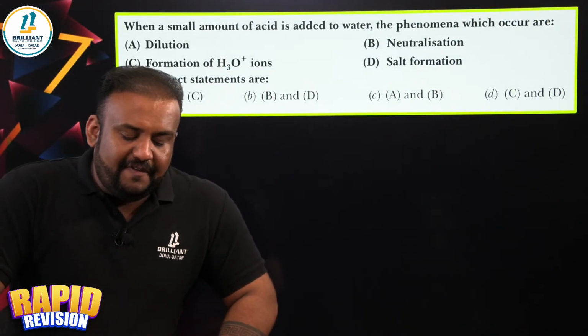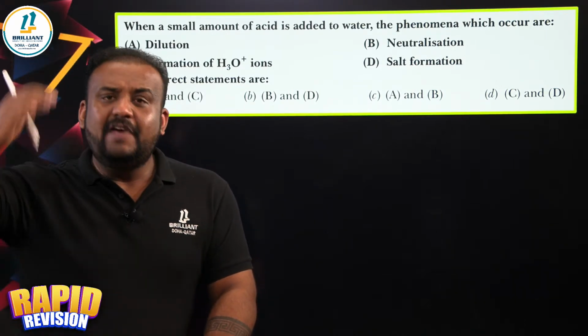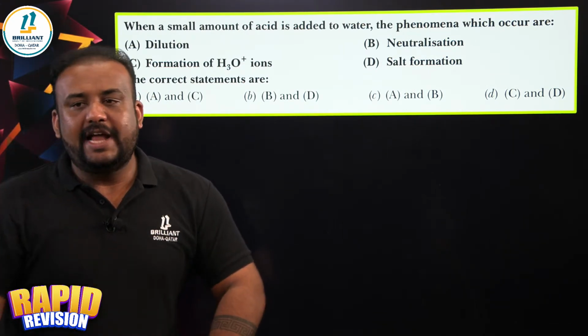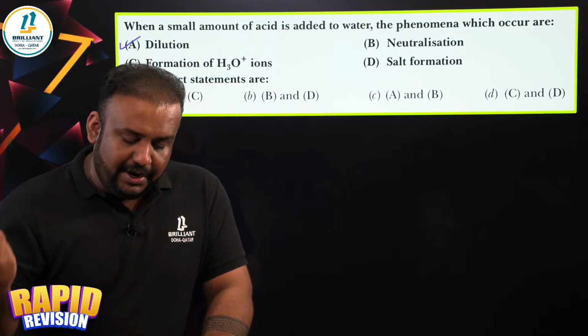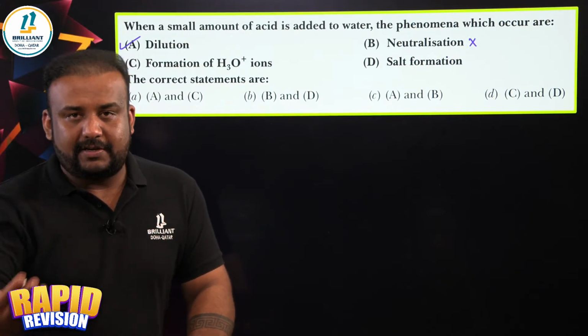When a small amount of acid is added to water, the phenomena which occur are, see, whenever you add water to acid or base, that's called dilution, right? So the first statement is correct. It is dilution. Then neutralization, we can't say that because we are adding water.